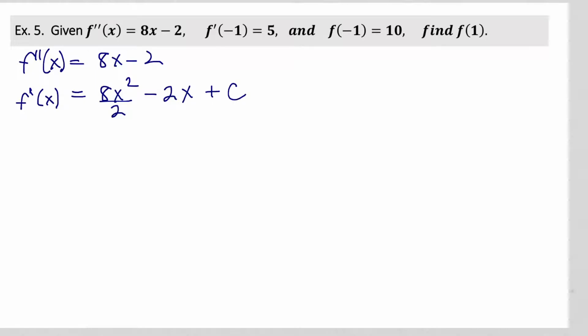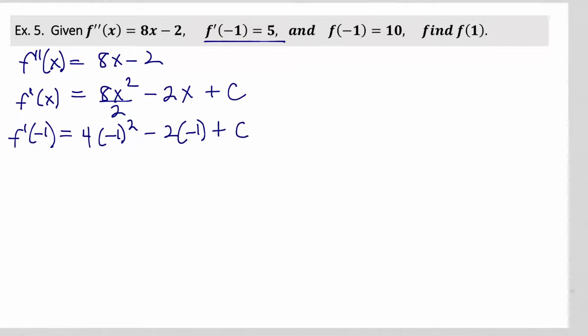So my initial condition for f prime says that f prime of negative 1 is equal to 5. So f prime of negative 1 is equal to 4 times negative 1 squared minus 2 times negative 1 plus c, and that must equal 5. So that's 4 plus 2 plus c is equal to 5.